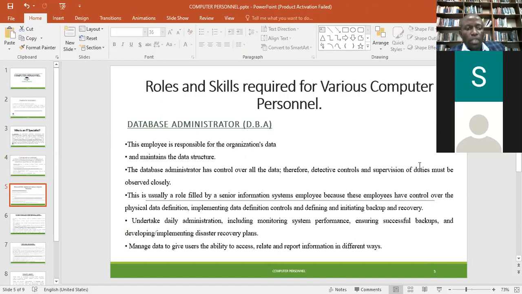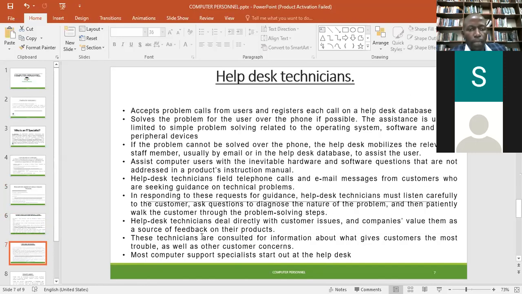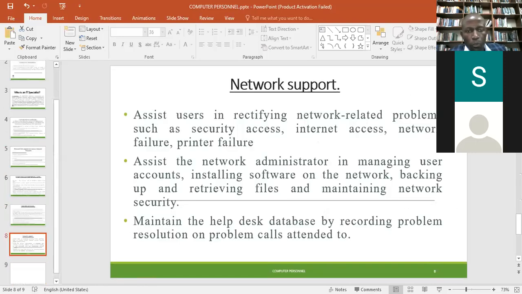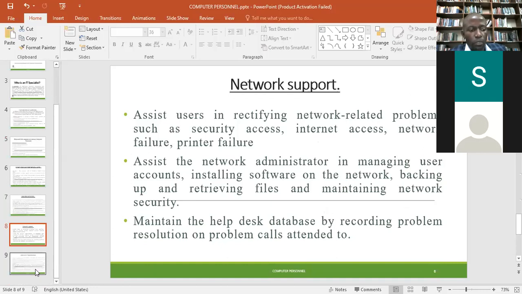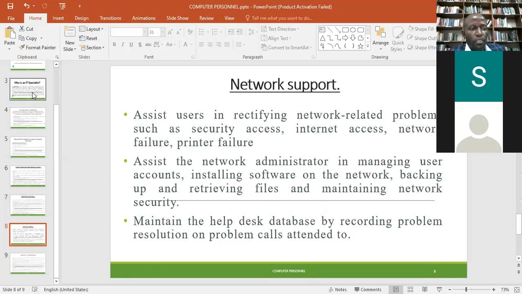Now, just to understand the various areas of specialization: when you talk of a database administrator, who is that kind of person? What do they do? When you talk of a computer support specialist, who is that kind of person in a company? Help desk technician. We talk of a network support specialist. We talk of a computer programmer. Who are these people?